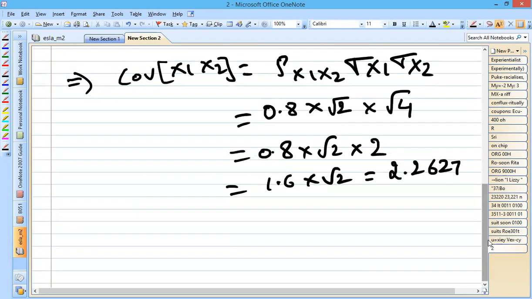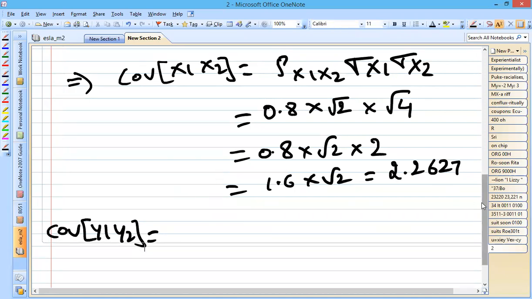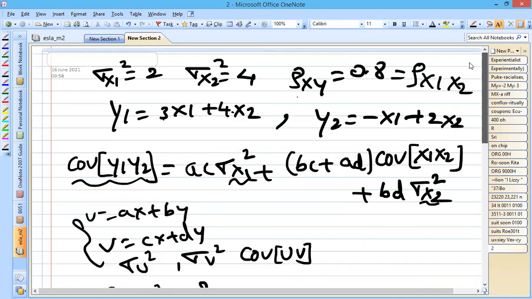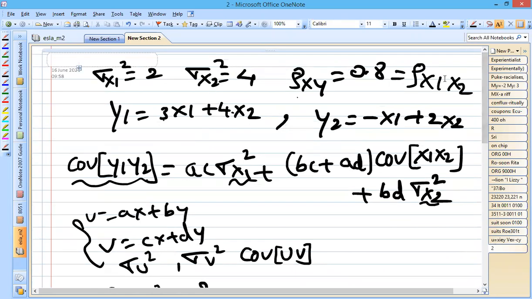Now use the covariance of x1, x2 in the calculation of the covariance between y1 and y2, using the generalized equation that has been written here. From this you can note down the values of a, b, c, d. Here a is 3, b is 4, c is -1 and d is +2. Substitute those values in the equation of covariance of y1 and y2.